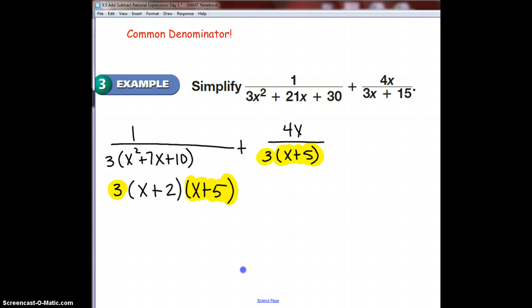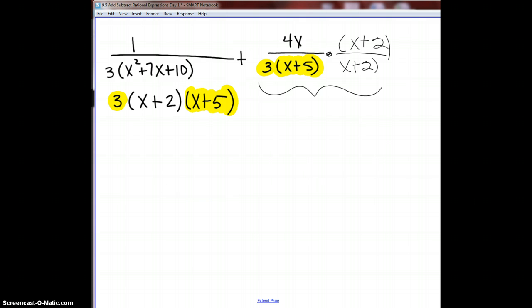So just like you do when you do common denominators, you multiply by what's missing. So we're going to multiply just this fraction over here by x plus 2 over x plus 2. So once we get to this part, we're going to just combine the numerators.